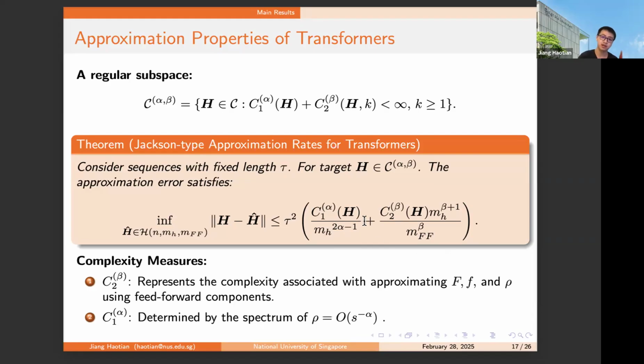We still have this error related to the pairwise interaction. Let's take a look at this error bound. C1, let's recall, is determined by the singular values, or the spectrum, of the target representation rho. We assume its singular values have this decaying pattern.